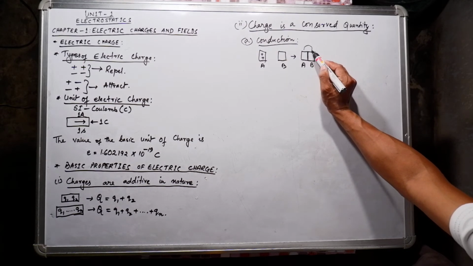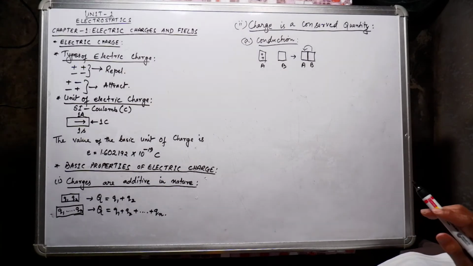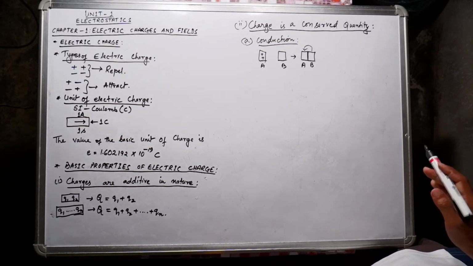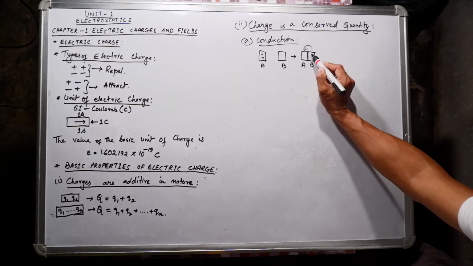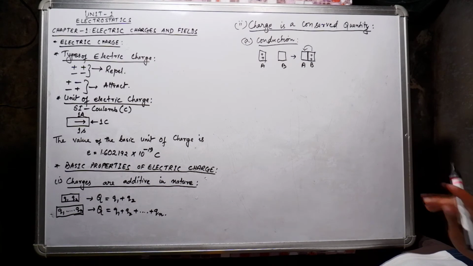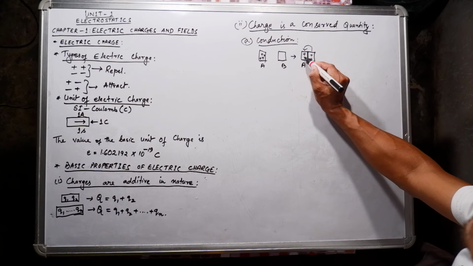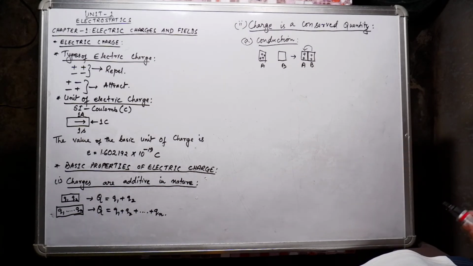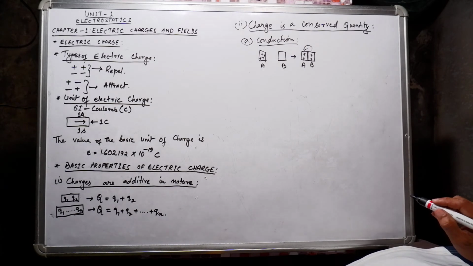In this case, the free electrons from B will flow towards A. As a result, some positive charge appears in B, and more negative charge in A. So this type of transfer of charge is called conduction.